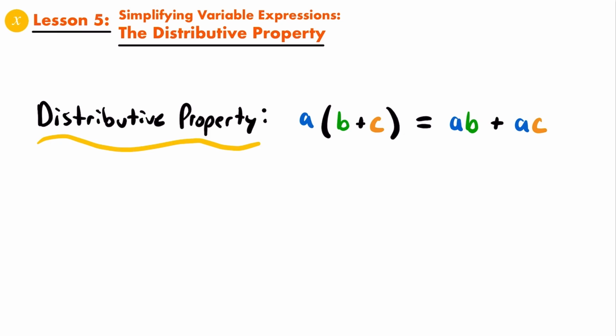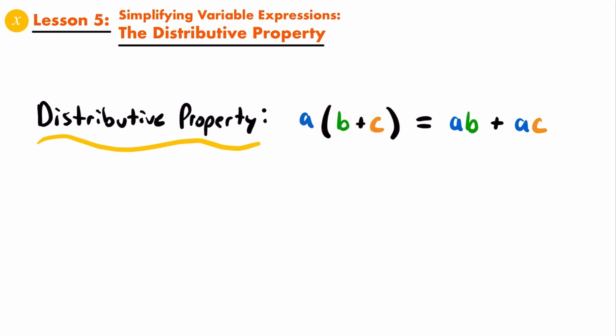Alright, and so the distributive property looks like this. For three real numbers, a, b, and c, it says that a multiplied by the sum, or the addition of b and c, is equal to a times b plus a times c. In other words, what's going on here is a is being distributed through this quantity.